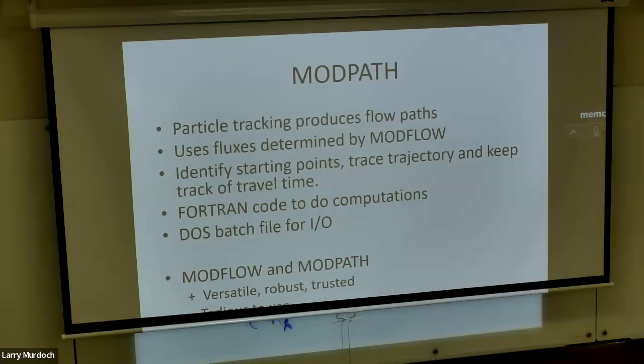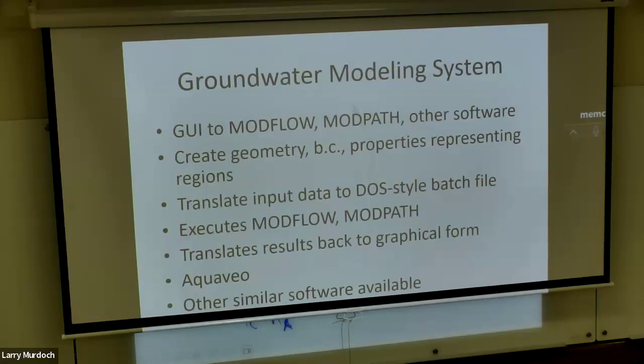And then modpath goes and traces particles through that flow field. And it shows you what the flow path is. So these two codes work together. You have to run modflow first and then run modpath.